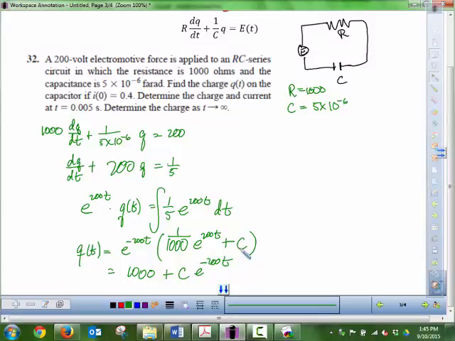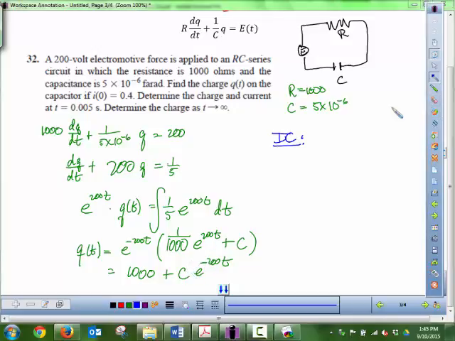Now we want to solve for c with this initial condition, but the initial condition doesn't have a q in it. The initial condition has an I. All these constants. Is that cool? All right. Initial condition.